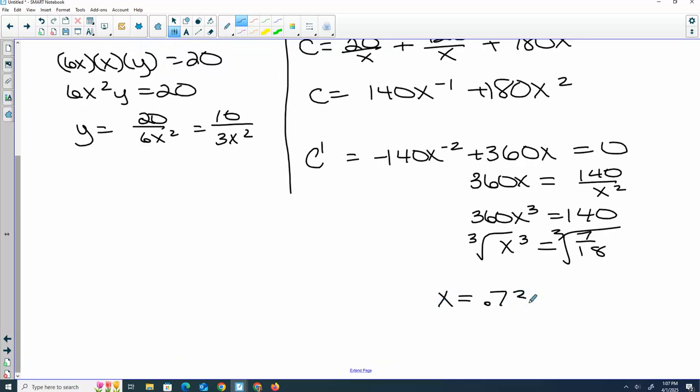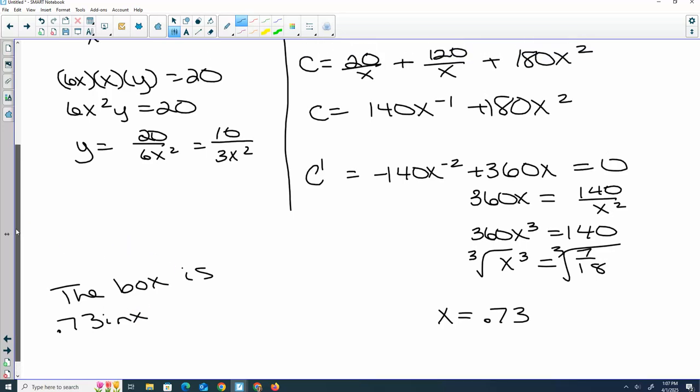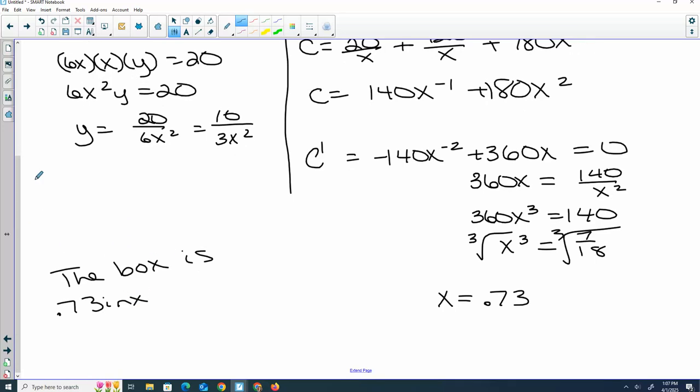Approximately 0.73. And so then you had to tell me the dimensions. Okay, we know one side was x, the other side is 6x. So if you do 6 times 0.73, that's your 4.38. And the last side you can plug in here, 10 over 3x squared.